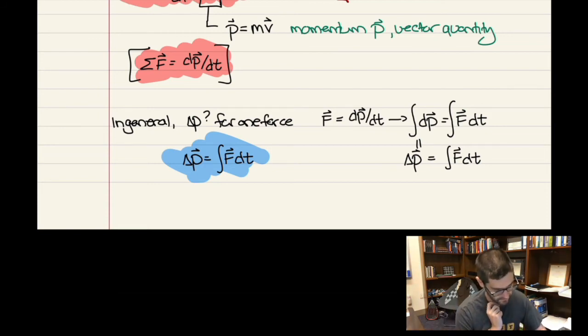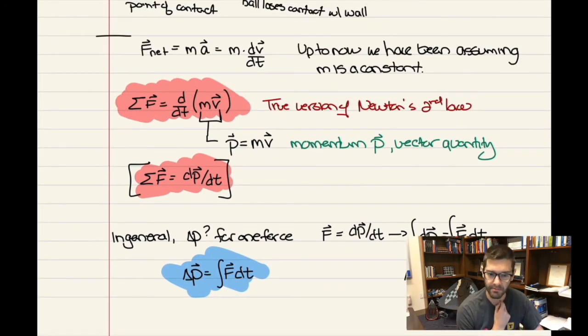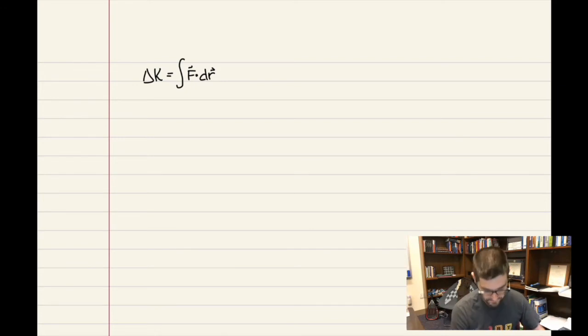Note that this is somewhat analogous to what we saw with energy. With energy, we said the change in kinetic energy was the result of an integral of a force over a distance. This is the dot product.